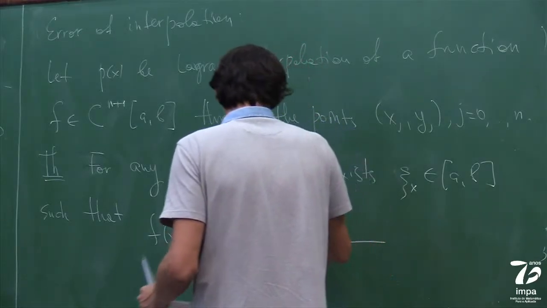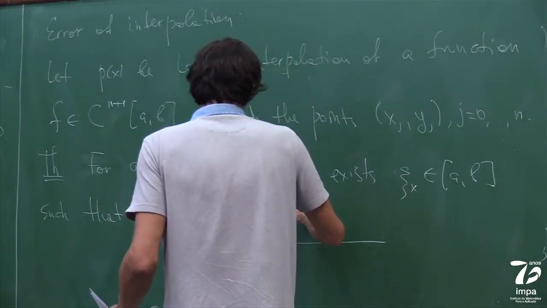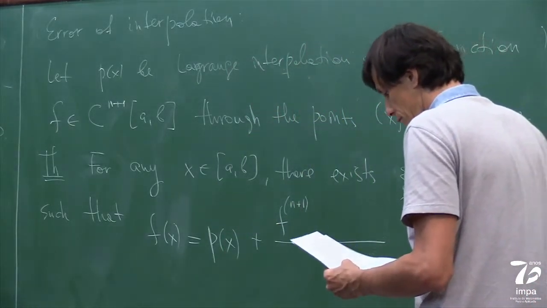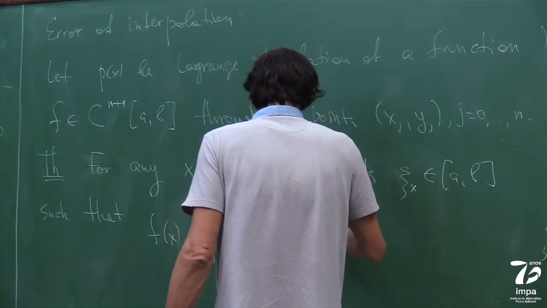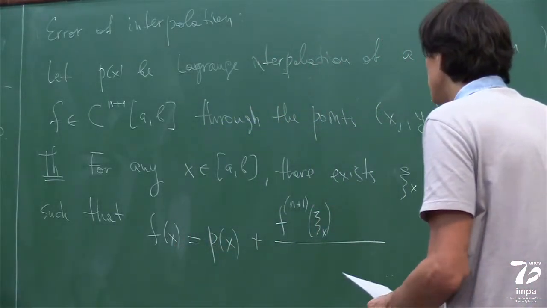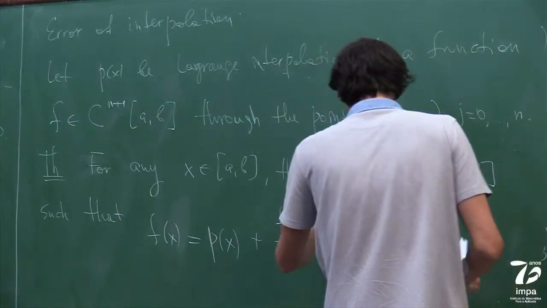So it will be this derivative, n plus 1, the highest derivative that we have, at the point psi. So the error is defined essentially by the n plus first derivative.